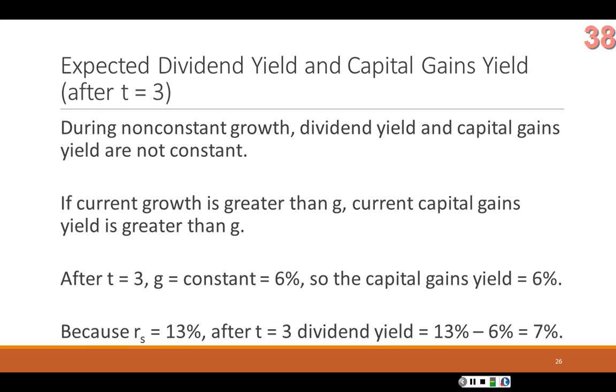Because the required return is 13%, then after time period 3, the dividend yield would be 7%. We get that by taking total return minus capital gains to give us our dividend yield of 7%. Up until time period 3, though, the dividend yield and the capital gains yield will vary, and the capital gains yield will not be equal to the growth rate.